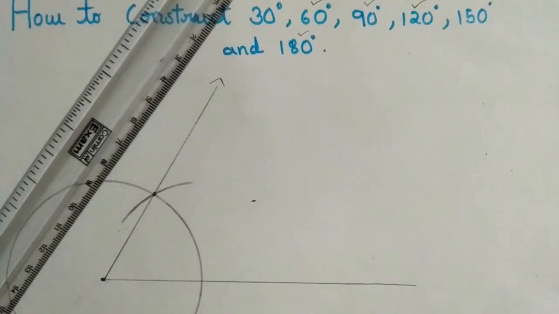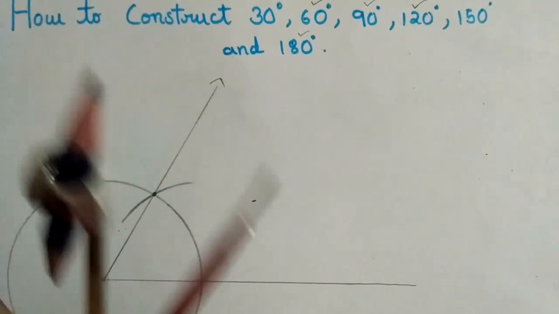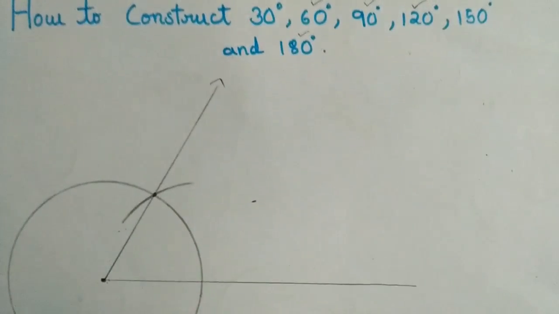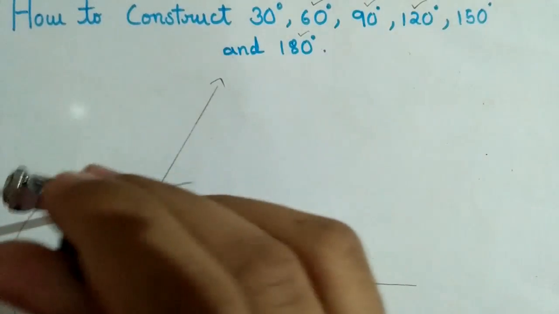And now about 90 degree and 120 degree. To construct 120 degree also, you should not move the compass. Keep it perfectly, and from the intersection point here, draw another arc.